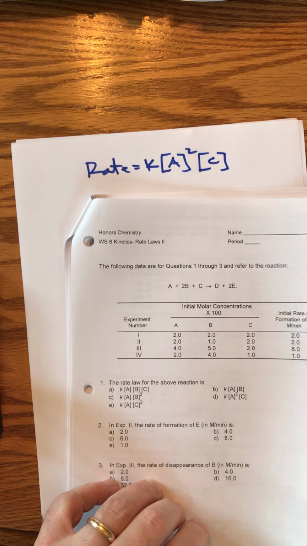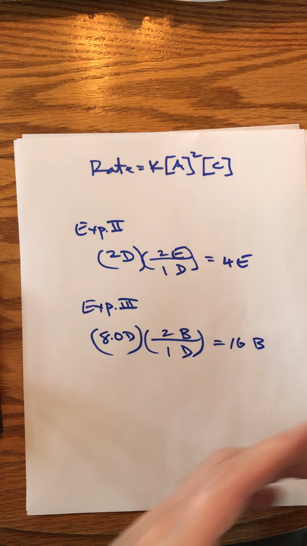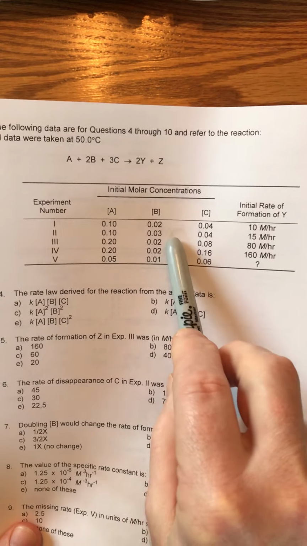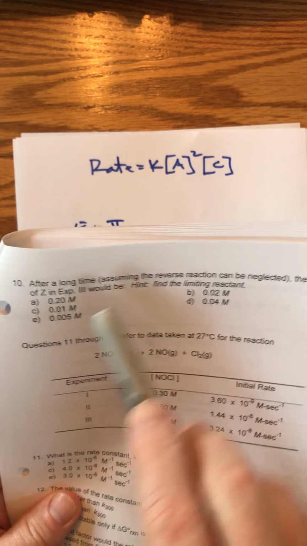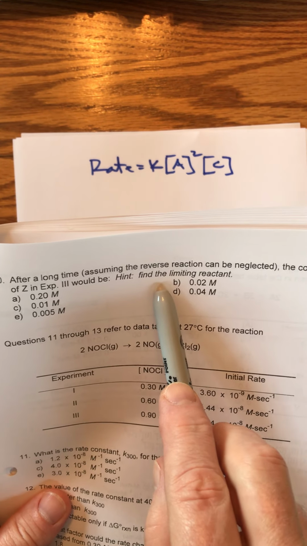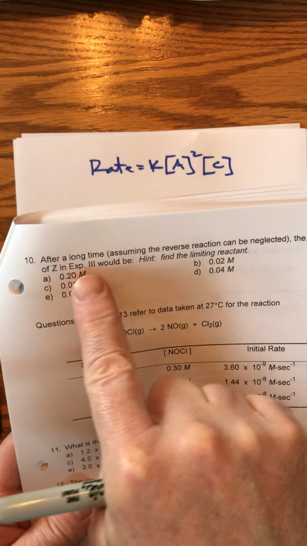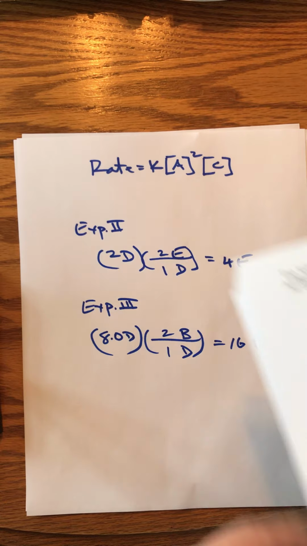Second part of your homework today, I want you to do the next set on worksheet 6. So you're going to do numbers 4 through 10. Number 10 is a limiting excess problem. Don't let that fool you. It's not so hard. They're asking about experiment 3 here.